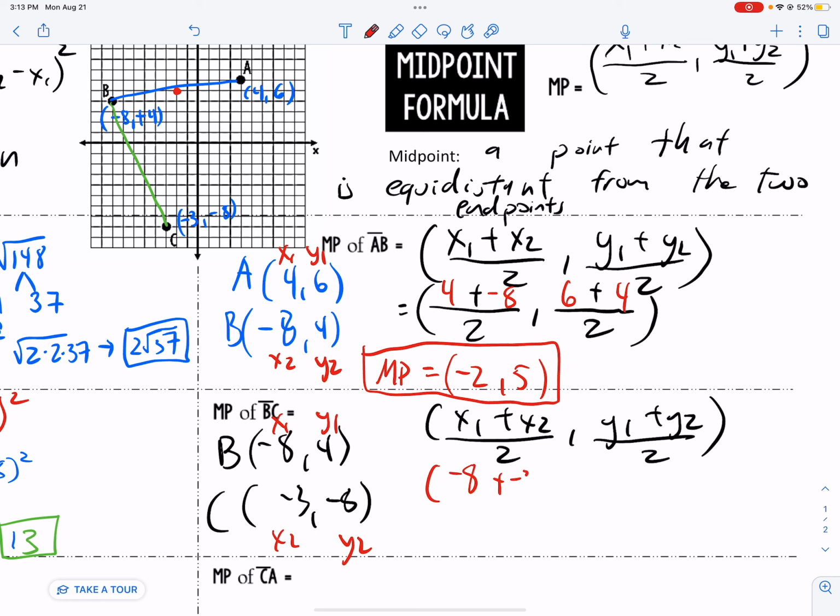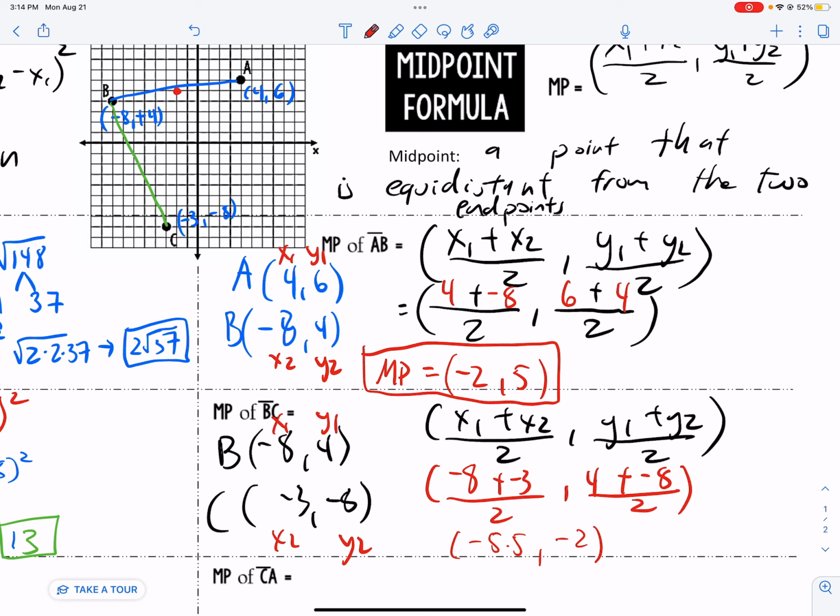-8 plus -3, and then we have 4 plus -8. -8 plus -3 is -11, divided by 2 is -5.5. And then 4 minus 8 is -4, divided by 2 is -2.